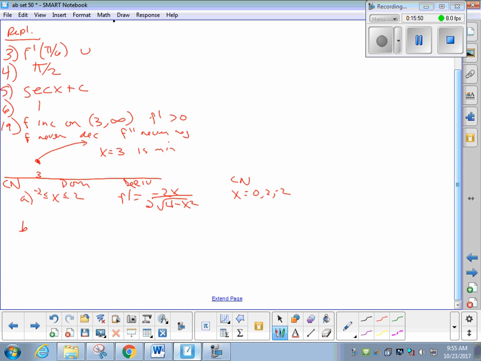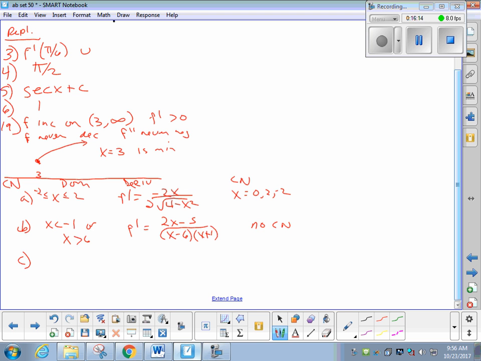For b, the domain is x is less than -1 or x is greater than 6. The derivative is 2x minus 5 over x minus 6x plus 1. And there are no critical numbers within the domain.